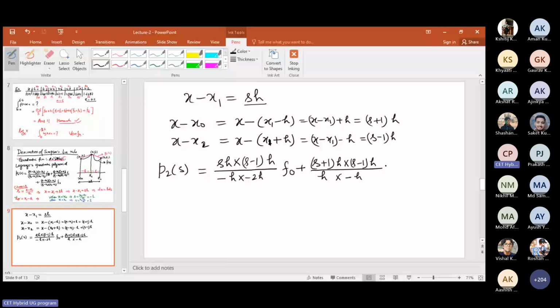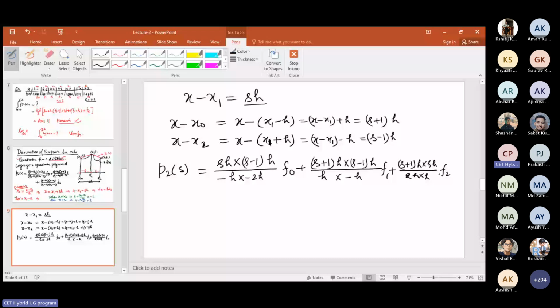f1 plus, similarly you write the third term. I'm writing it directly for you. Check that later on. s plus 1 h into sh divided by 2h into h, f2. Okay.